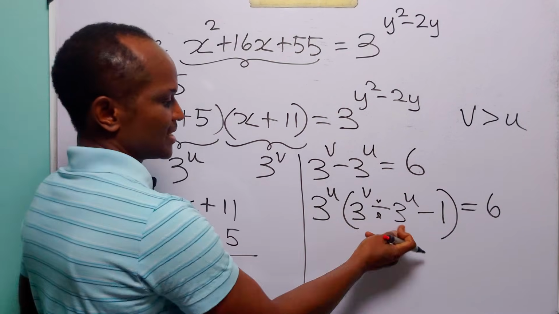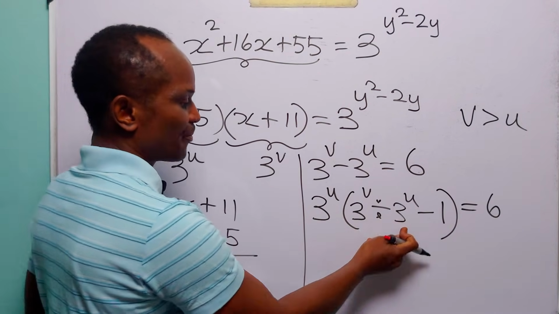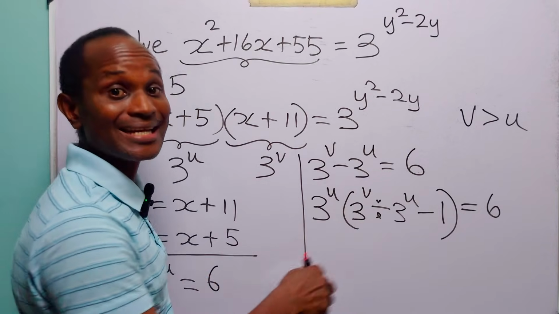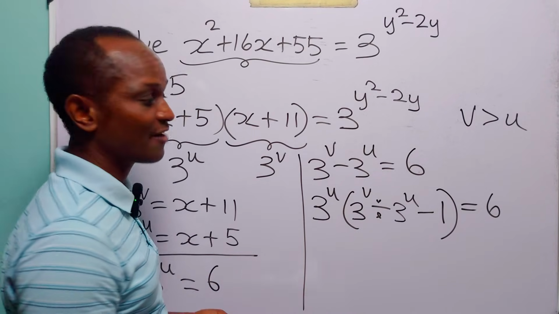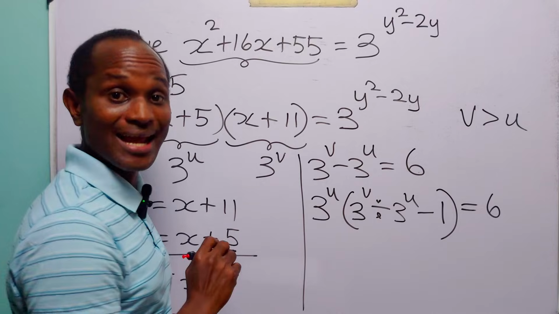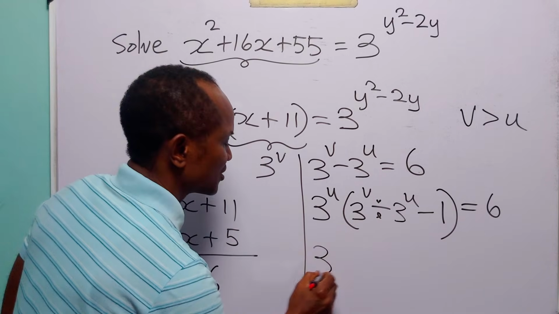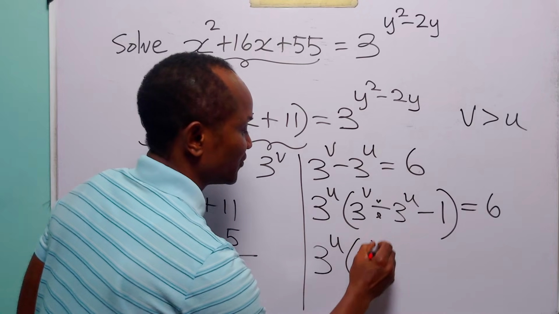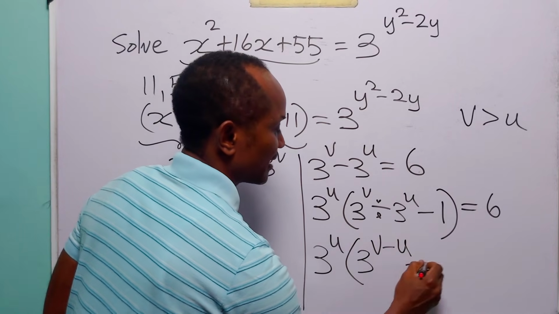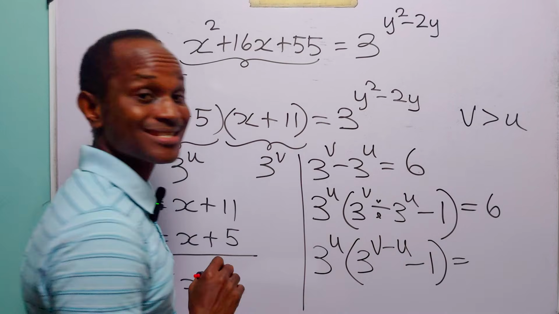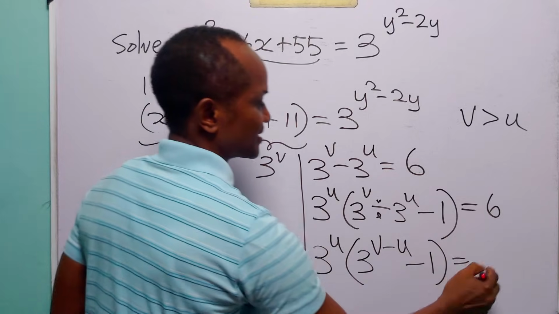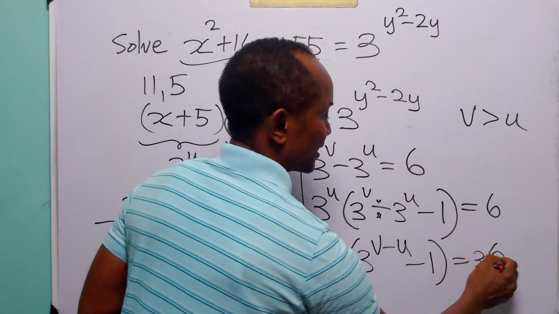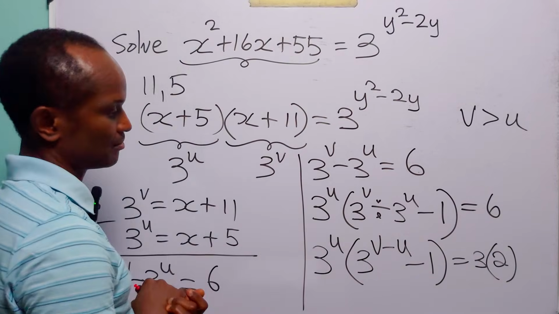Now remember that when a number is dividing another number and they have the same base, all we have to do is to subtract their exponents. So this equation can be written as 3 to the power u into 3 to the power v minus u, then minus 1. And this is equal to 6, which is 3 times 2.